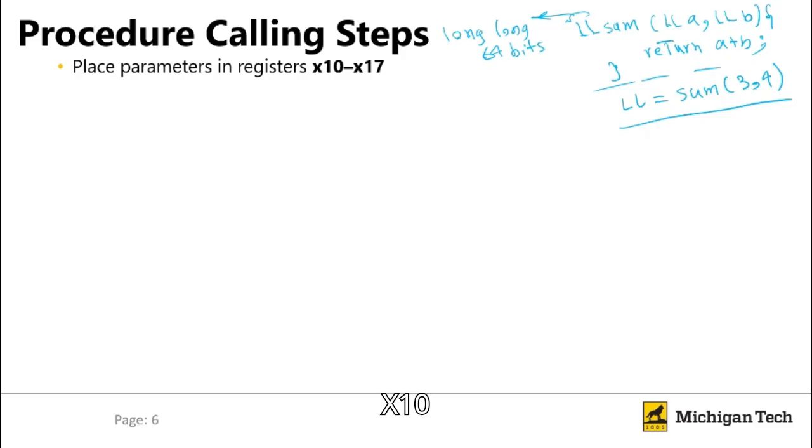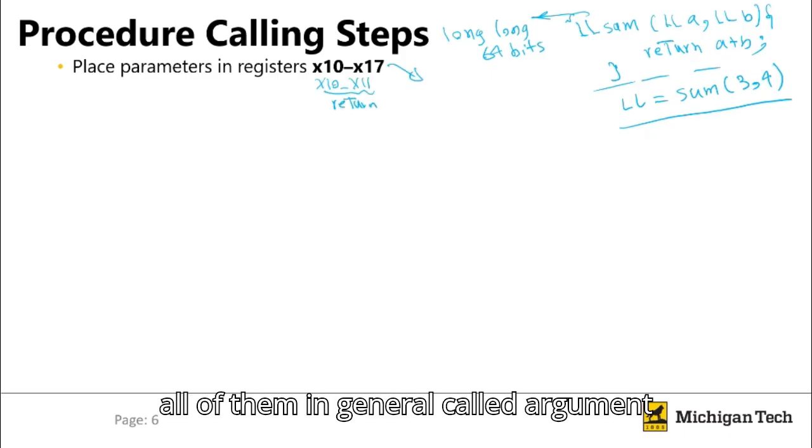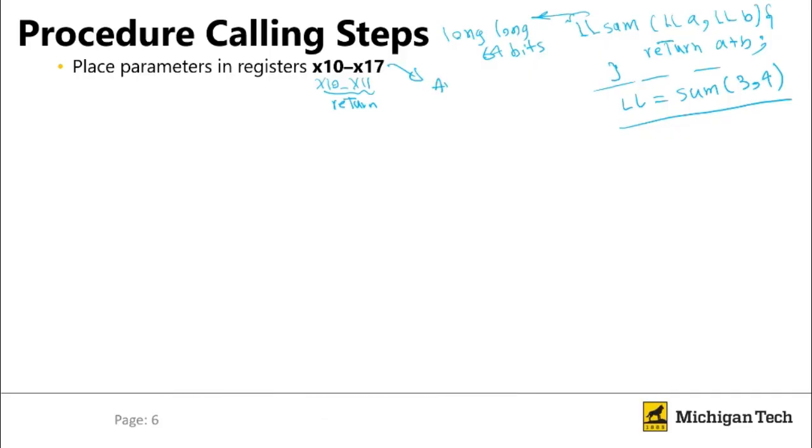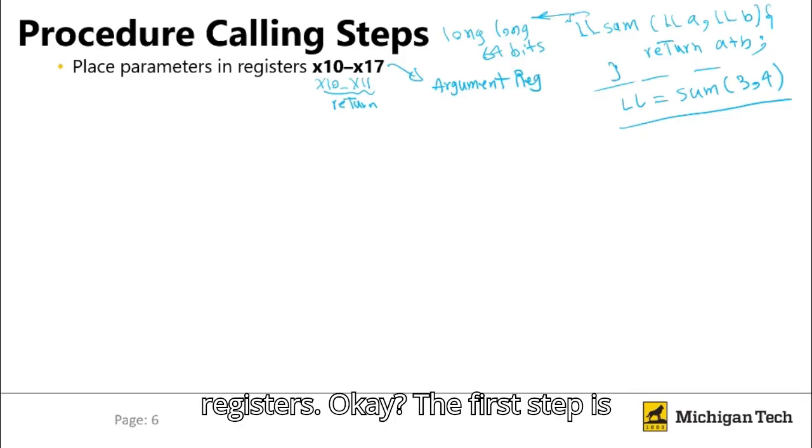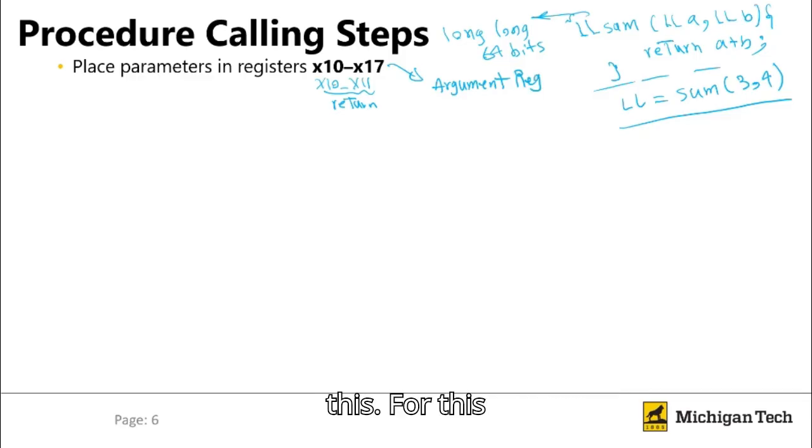The x10 and x11 are mostly used for return, but all of them in general are called argument registers. Okay, the first step is this. For this example, what code do we need to write to put the arguments inside x10 to x17?